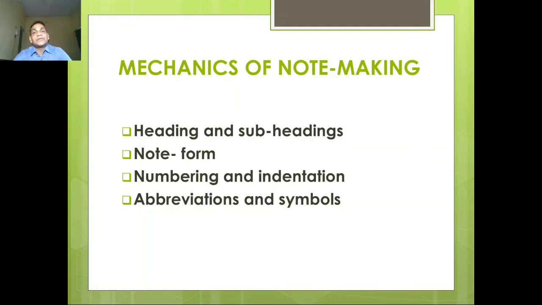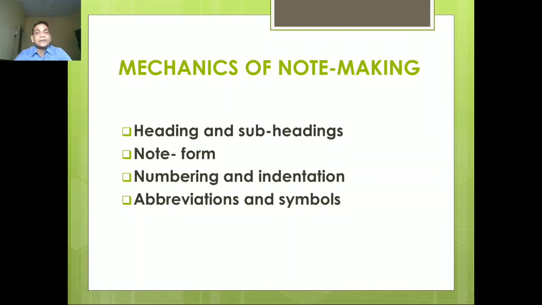Now, what are the mechanics of note making? The main points which you need to include in your note making are heading and subheading. There should be a heading and 3, 4 or 5 subheadings. This is ideal. Then there should be a proper note form, which includes proper numbering and proper indentation.